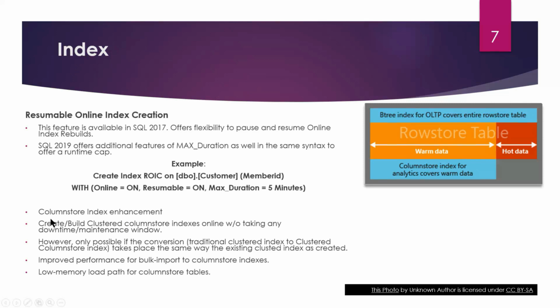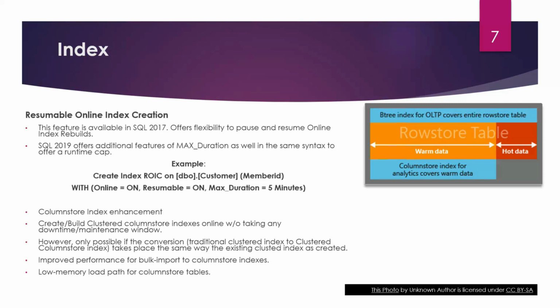The other part is the columnstore index enhancements. Now it can create or build clustered columnstore indexes online without taking any downtime or maintenance window. Again, it's only possible if the traditional clustered index to clustered columnstore index conversion takes place the same way the existing clustered index was created.